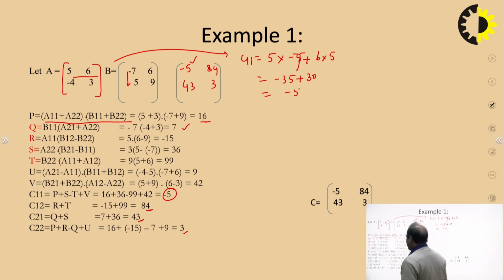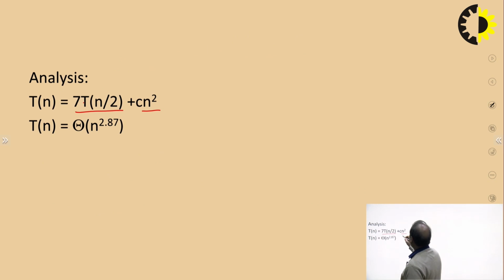Addition is not impacting the time complexity too much; it is still n squared. By the same method, n squared is big O of n to the power log 7 base 2 minus epsilon, which is correct. So the running time is going to be theta of this, and this is the value of log 7 base 2.